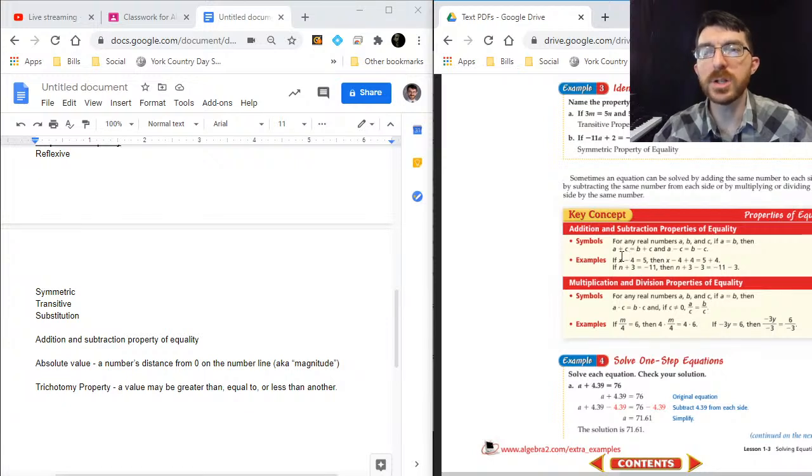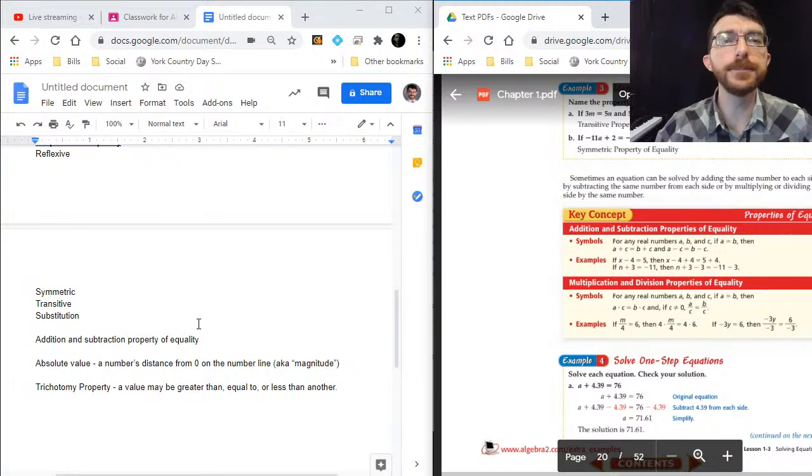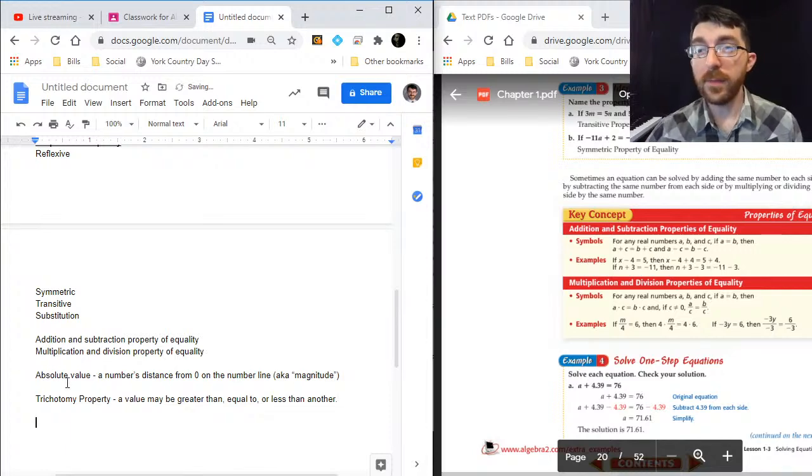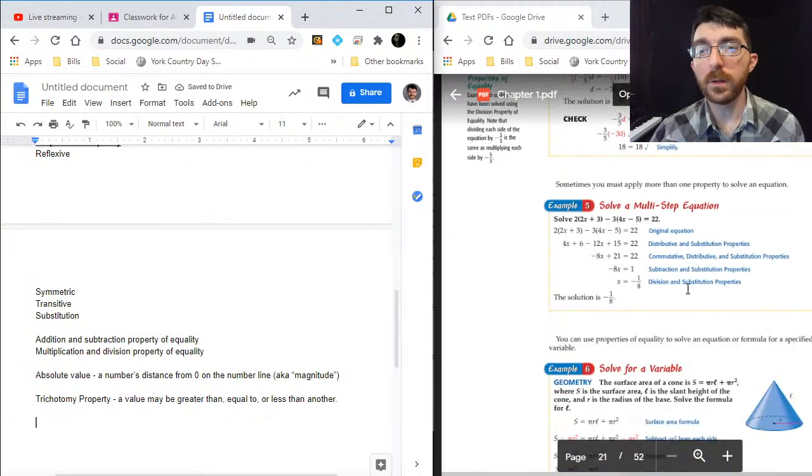Okay, multiplication and division properties of equality. Addition and subtraction property of equality. Multiplication and division property of equality. I see. Okay, and they've got the same thing for an inequality, right?